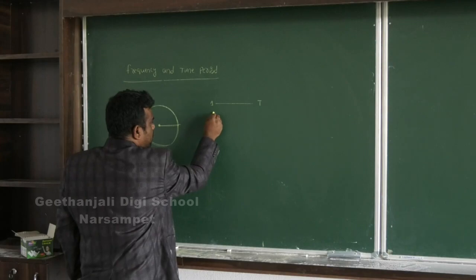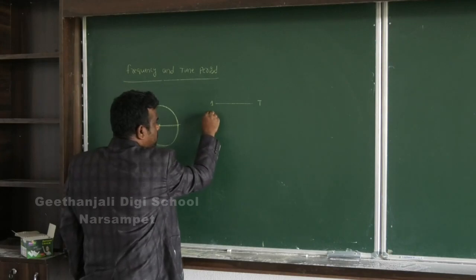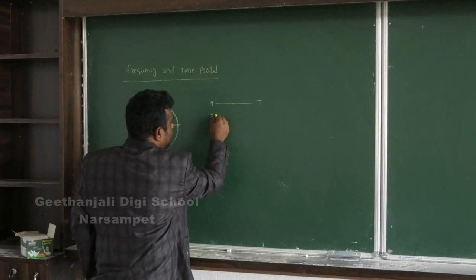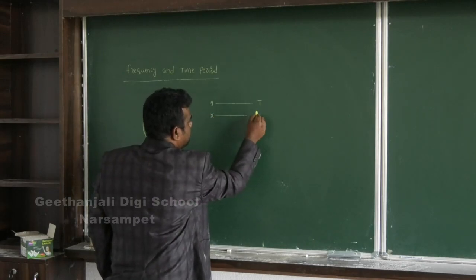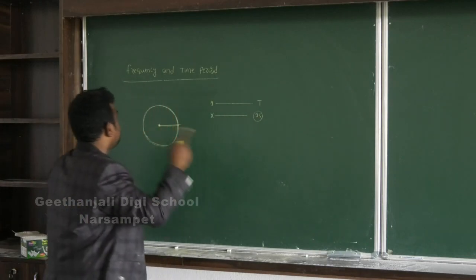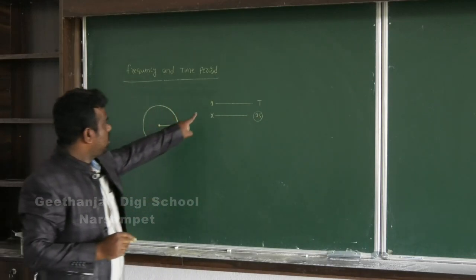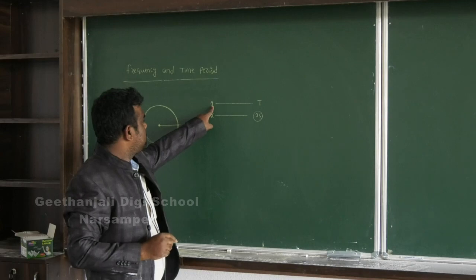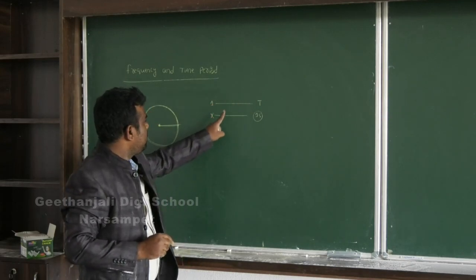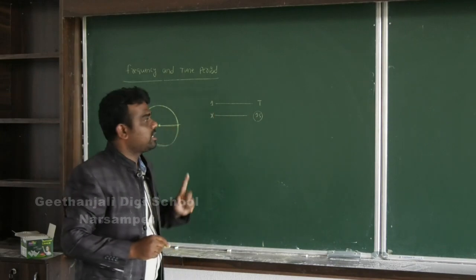Then how many revolutions are made by the particle in 1 second? That gives the frequency. In 1 second, the time taken to complete one revolution is t seconds, so in 1 second how many revolutions are completed?